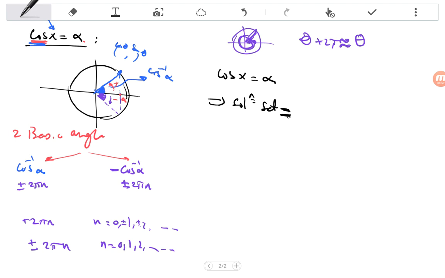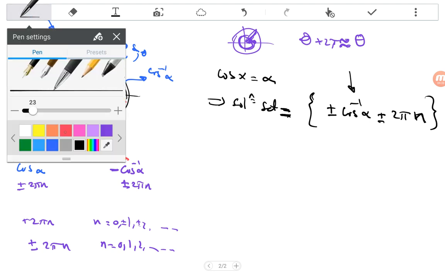All of its members are solutions, and it must contain all solutions of the equation. So what is the solution set? We'll find that it is plus or minus cosine inverse alpha plus 2 pi n. We have two basic angles, then we add to them multiples of 2 pi. Okay?